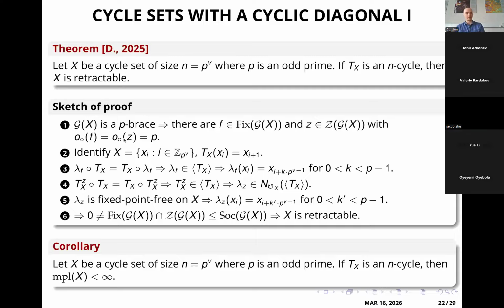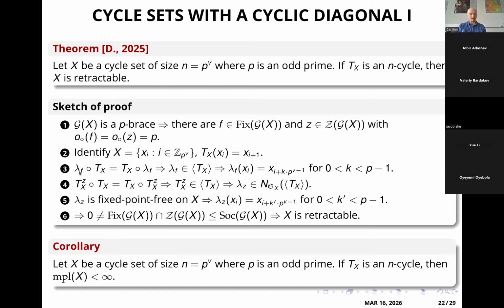And now we write our cycle set. We identify our cycle set with a cyclic group of order p to the v, and we assume that our diagonal is simply a shift by 1. And one can show that lambda f, we have seen this before, has to commute with the diagonal simply because you can, for example, consider the cabling.